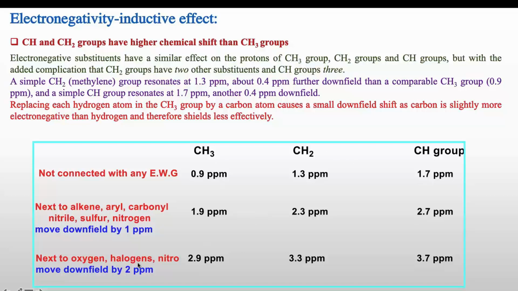If they are connected to oxygen containing atoms, that will add an extra 2 ppm to the parent value of CH3, CH2 and CH groups. So CH3 groups will appear at 2.9 ppm, CH2 groups at 3.3 ppm and CH groups at 3.7 ppm.